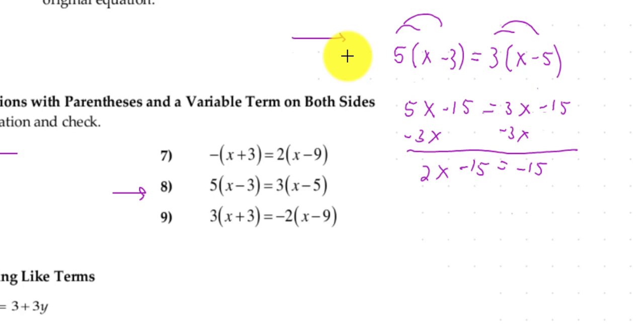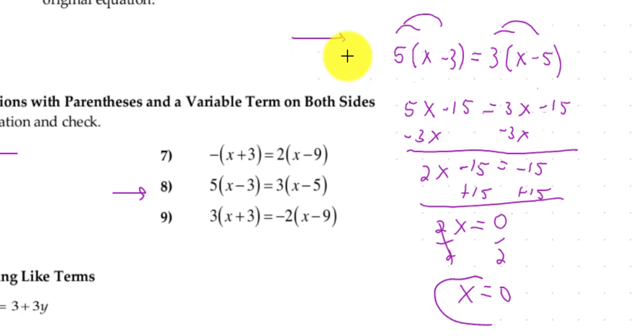And look what happens here. When I add 15 to both sides, I end up with 2x equals 0. If you divide by 2, you still end up with x equals 0. So for number 8, the correct answer is x equals 0.